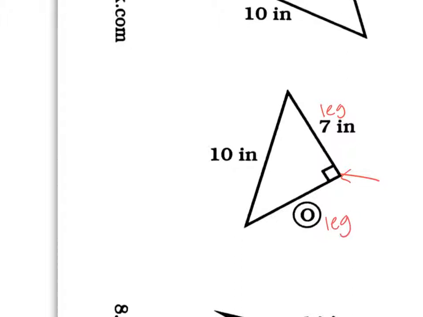I can call that side B if I want to. And then our hypotenuse is the 10. So it's leg squared plus the other leg squared equals a hypotenuse squared. That is 7 squared plus b squared is going to give us 10 squared.